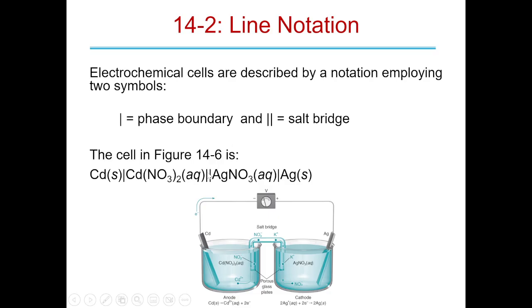We then have a salt bridge separating the two. This is then AgNO3 aqueous. Again, that's the salt. And then the Ag solid. Please note that you always arrange these by the anode, cathode, and that determines which term goes first here.